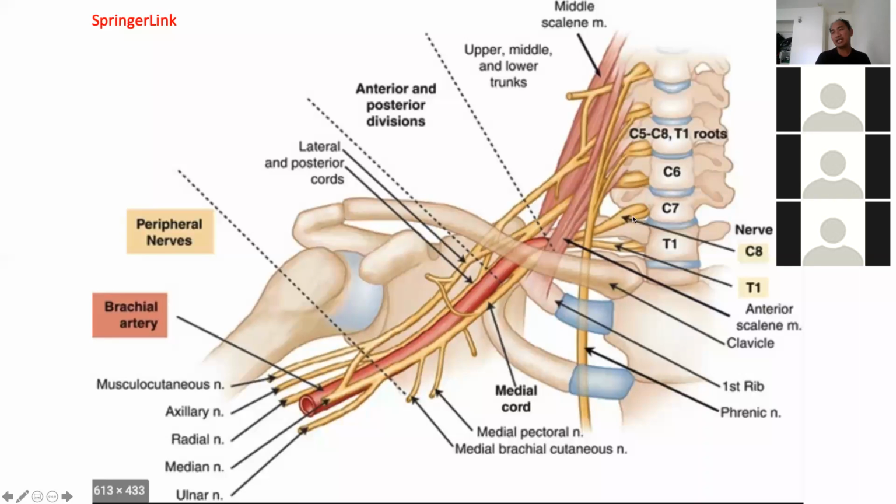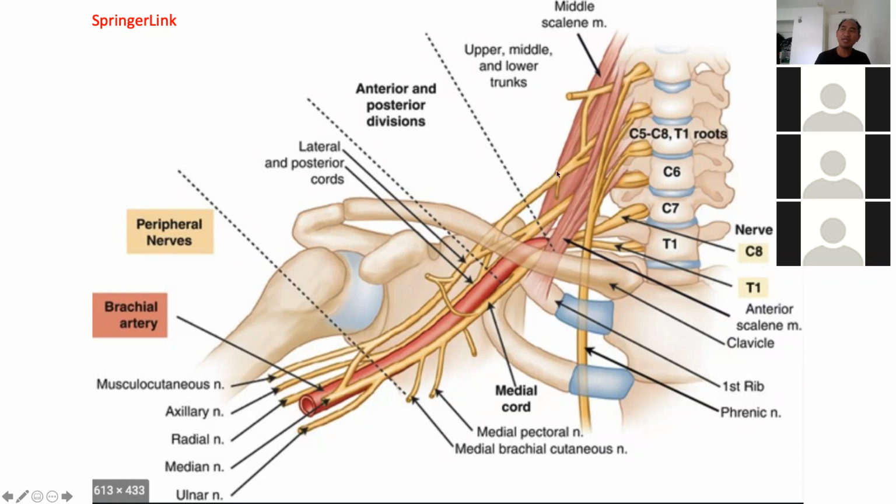C8 and T1 will form the lower trunk, and C7 on its own will run as the middle trunk. If we want to find the roots and the trunks, where do we need to go? We will have to dig around the middle scalene muscle.